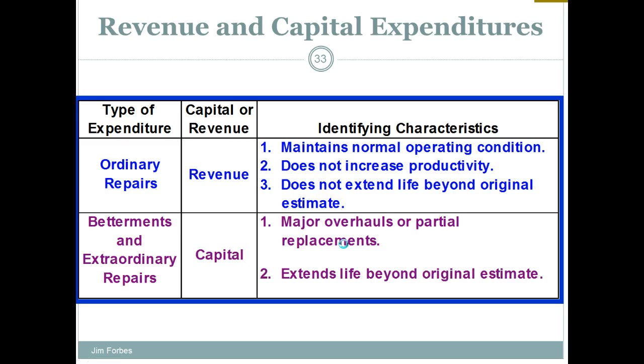Repairs or improvements to your asset, you need to separate ordinary from extraordinary repairs. Take a car for example. Tune-ups, maybe small repairs. These things you're just going to expense.